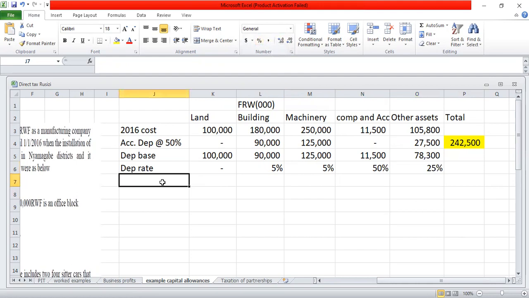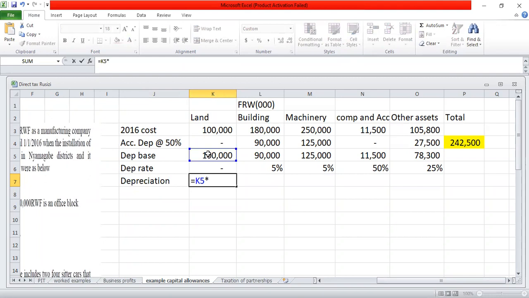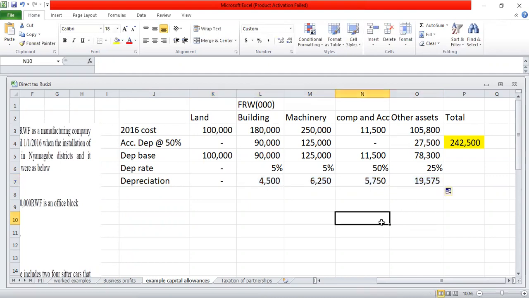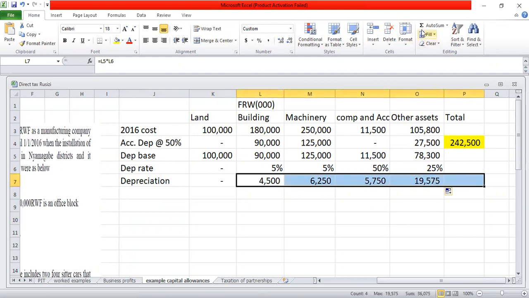So I can now compute my depreciation for wear and tear. This one, of course, it does not. So I will have this total here.